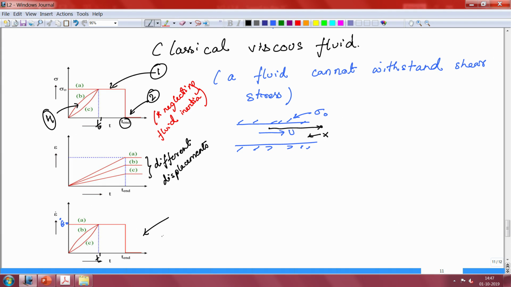But here your epsilon naught has again instantaneously decreased to 0 when stress is released.